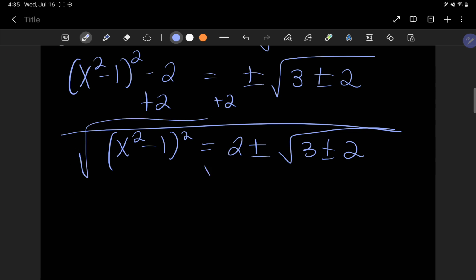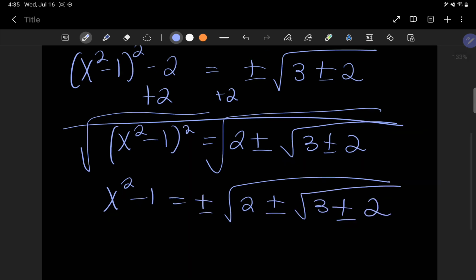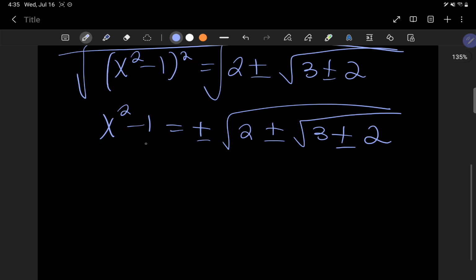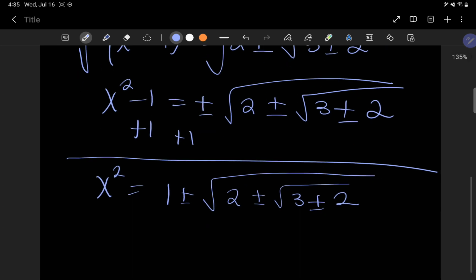Okay. Square root again. So x squared minus 1 is plus and minus the square root of 2 plus and minus 3 plus and minus 2. Add 1. X squared is 1 plus and minus... and then you got a square root.